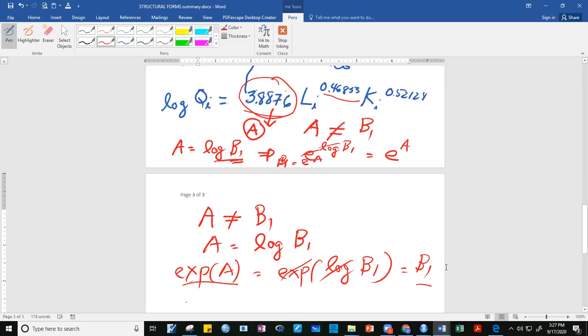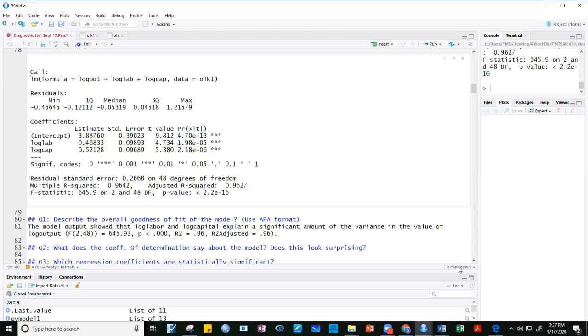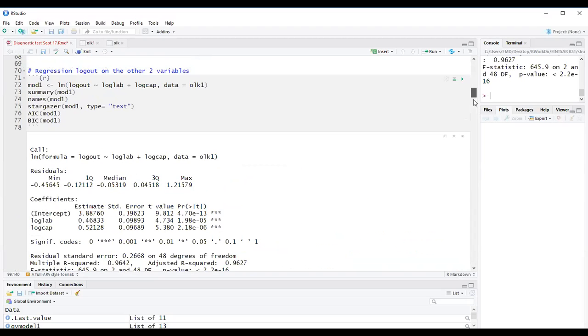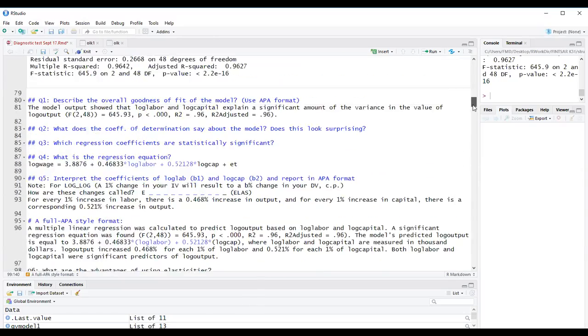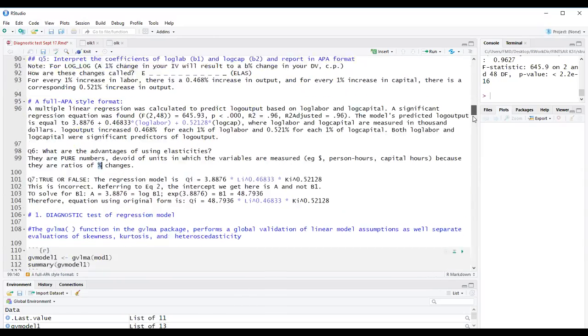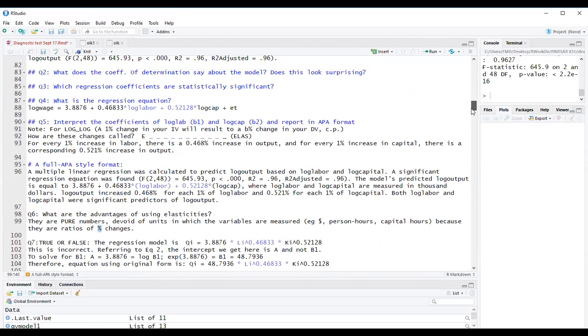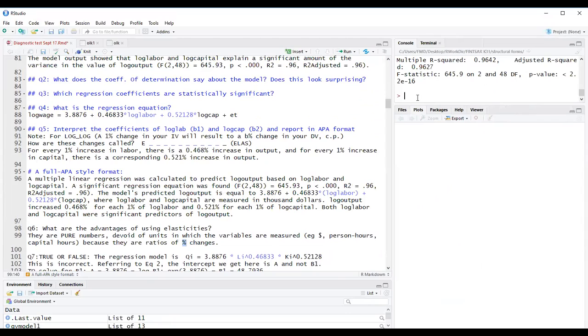Okay, so let's go back to R now. So, gusto natin malaman kung ano yung B1. So, how do I get B1 guys?